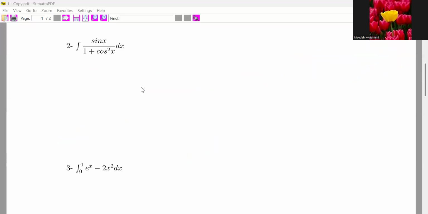Number 2 is the integral of sine of x over 1 plus cosine squared of x. I would write cosine of x equals u. So taking derivative both sides, that would be negative sine of x dx, because the variable on the left side of the equation is x, and the right side is 1 du, that we usually only write du from here.